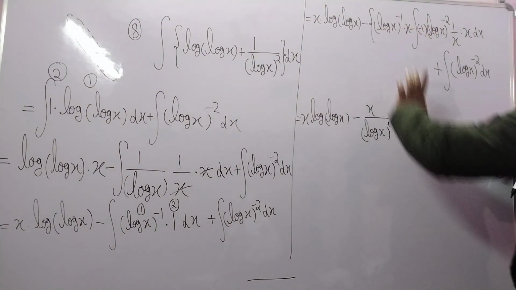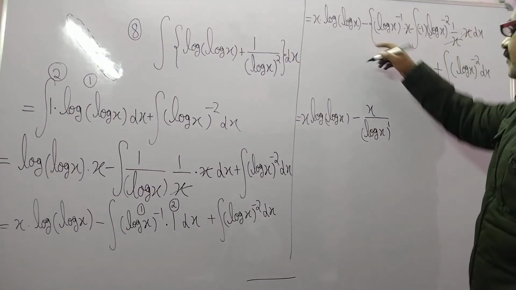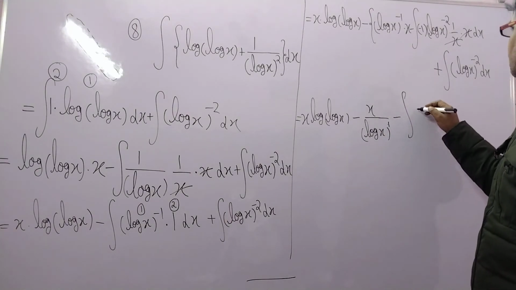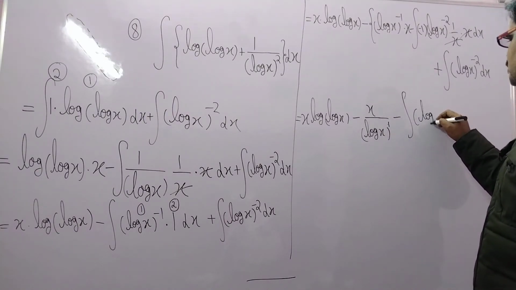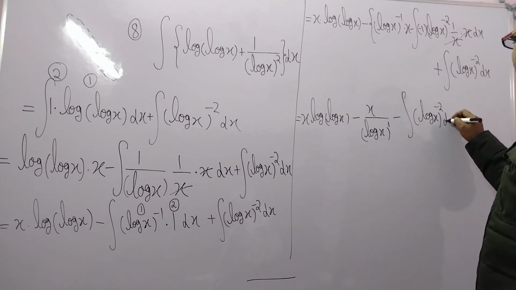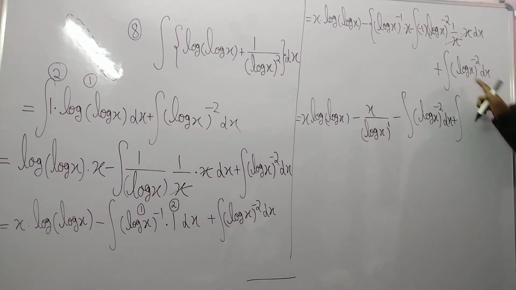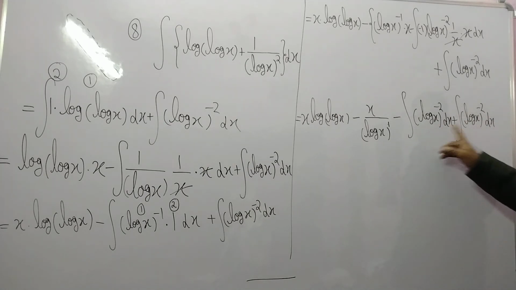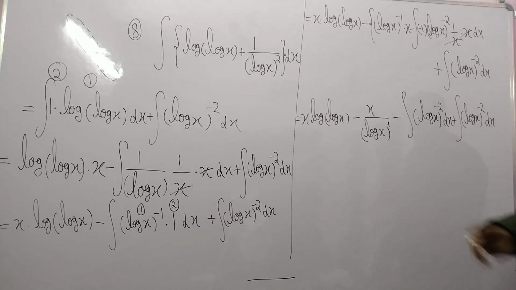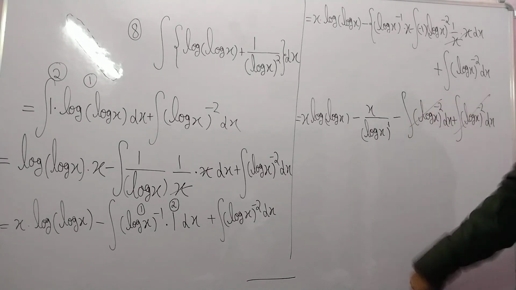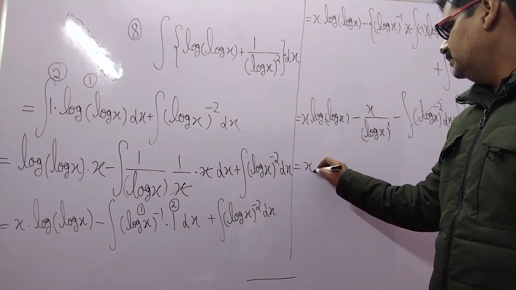Minus 3 minuses we have, so finally it becomes minus (log x) to power minus 2 dx plus (log x) to power minus 2 dx. Now these two integrals are same but have opposite signs, so these integrals cancelled out each other.